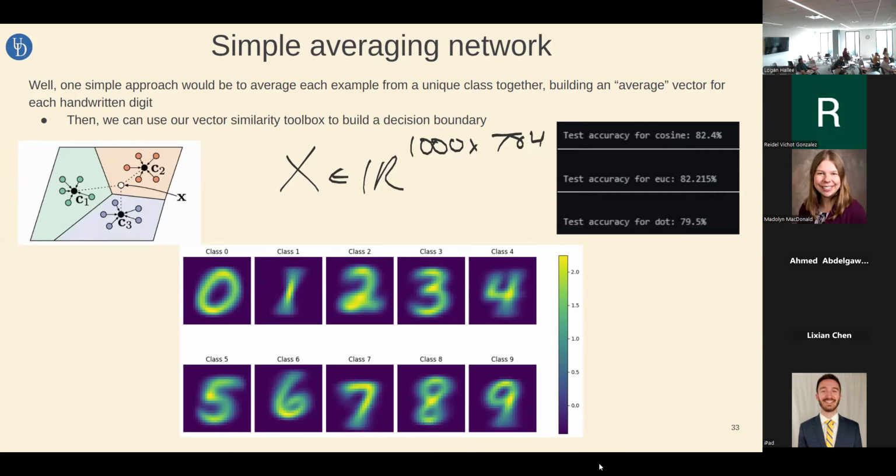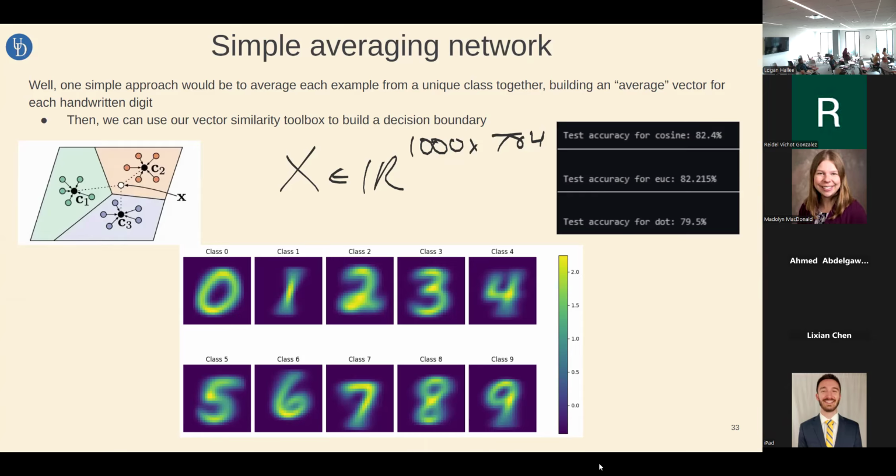It's going to be 784 long, and it's the average conglomerate of all the zeros. Then what if we just used our toolbox of vector similarity heuristics? When we input a new example, we'll see which of these vectors it is closest to. So we'll have one vector over here for 0, and in the latent space, another one for 1 and for 2. Except instead of learning this latent space, we just built it from the training data, directly.